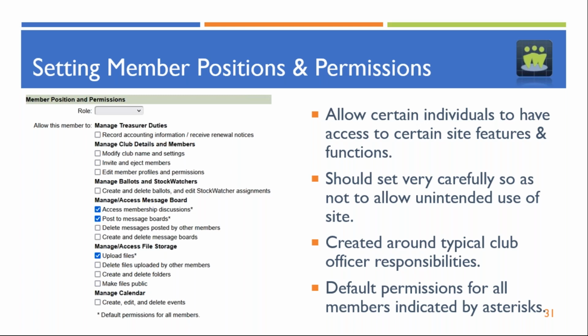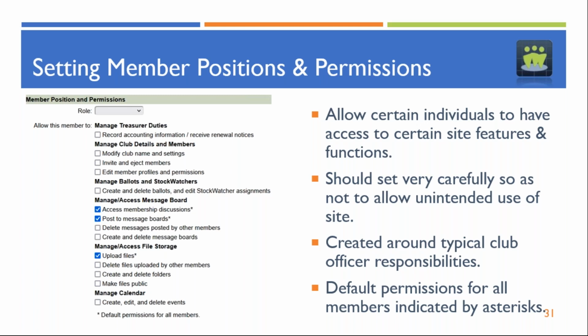So there's manage treasurer duties, manage club details and members, manage ballots and stock watchers, manage access message board, manage access file storage, and manage the calendar. And there are some different levels for particular tasks within those.